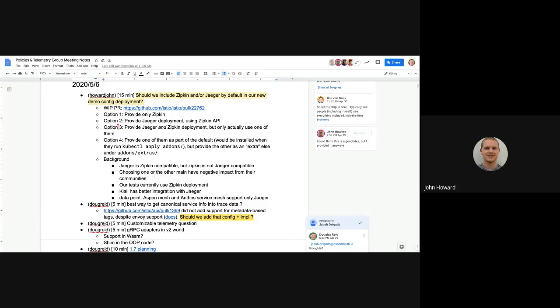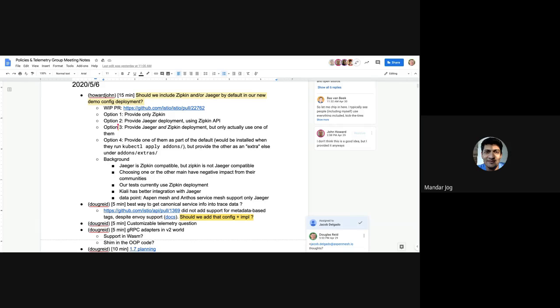Yeah, so I don't actually think the overhead of maintaining a Zipkin deployment is an issue. It's more about the user choice, right? Because this is meant for demos only, and if the first thing we present is, do you want to use Zipkin or Jaeger, it adds some extra overhead. Istio is complicated enough, right? Right. So I think that we are going to have to choose one thing as the favorite, right?